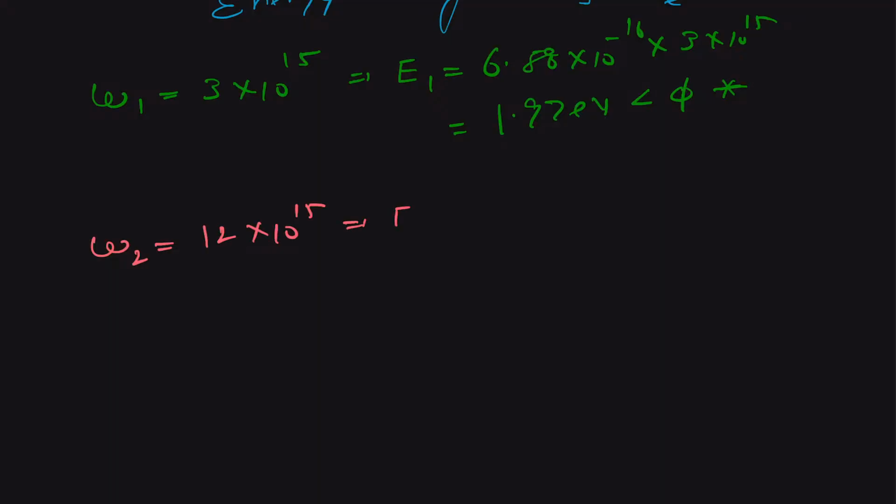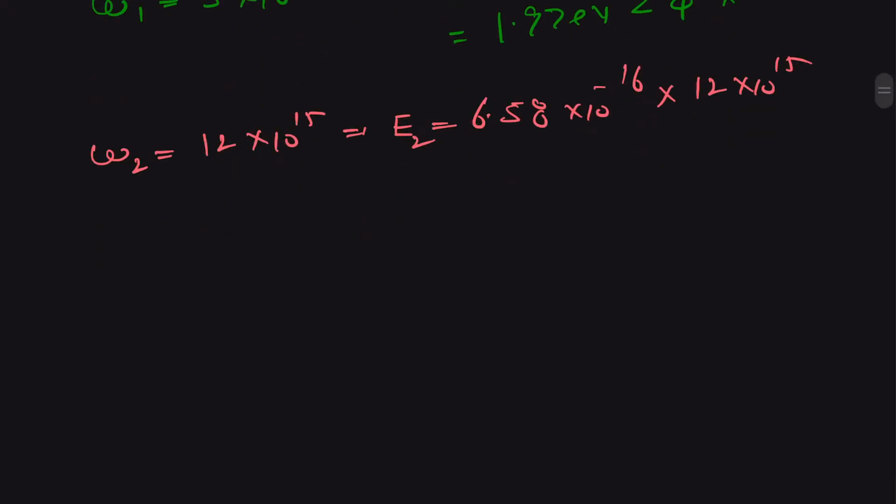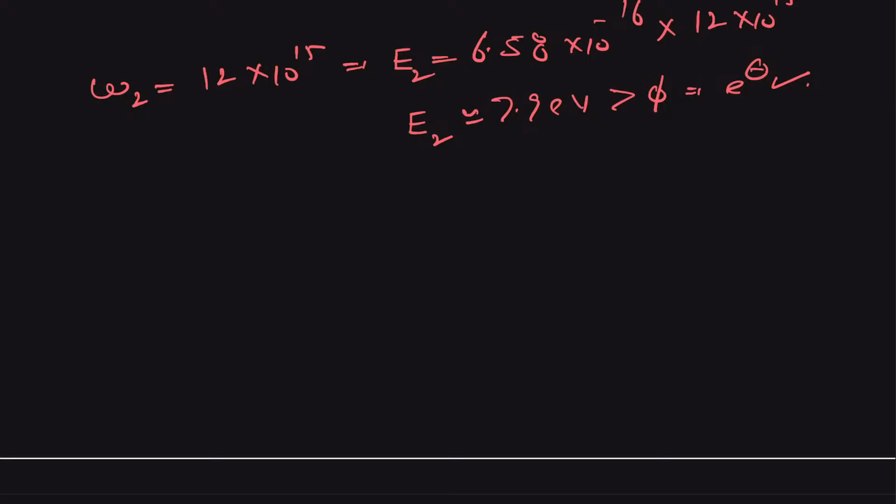From here we find E2, 6.58 into 10 to the power minus 16 multiplied by 12 into 10 to the power 15. So this gives us E2 approximately equal to 7.9 electron volt, which is greater than the work function. So this is going to eject the electrons. Therefore we can write the maximum kinetic energy, we are going to use the photoelectric equation.